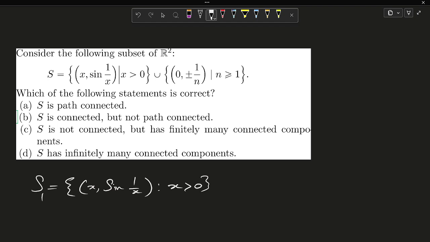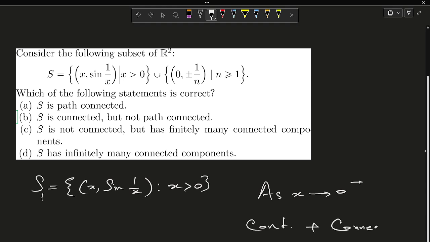This part consists of the graph, the curve (x, sine 1 by x) for x greater than 0. This curve oscillates between -1 and 1, and as x goes to 0 plus, due to the oscillatory behavior of sine 1 by x, the curve is continuous and it's connected.